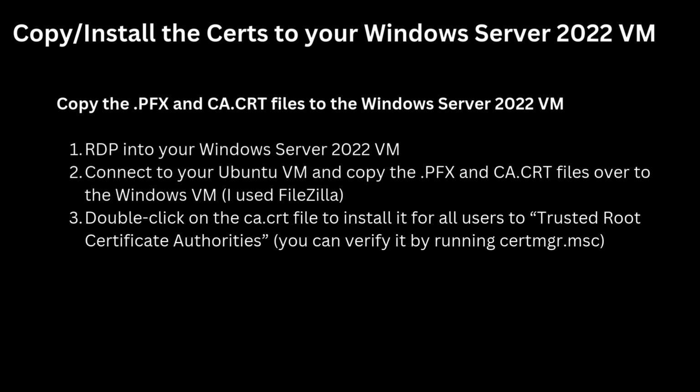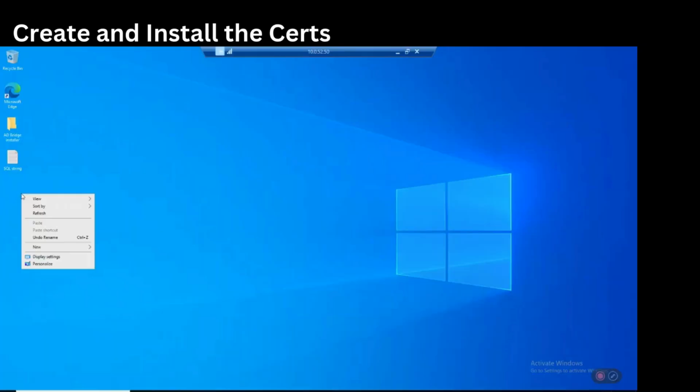We'll now copy over the certs and install them onto our Windows Server 2022 VM. I'll be using FileZilla to do the copy. RDP into your Windows Server, connect to your Ubuntu VM, and copy over the files.